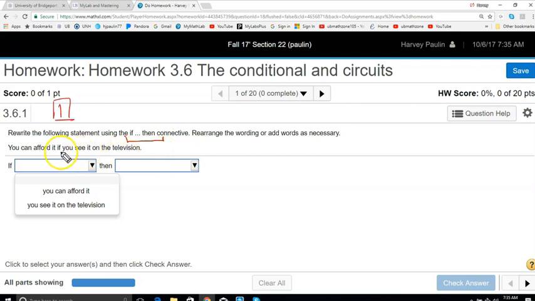So notice we can pick it out: if you see it on television, the if is there, then you can afford it. So the connective is if-then, and you can rearrange the wording, and in some cases may even add a word or two.